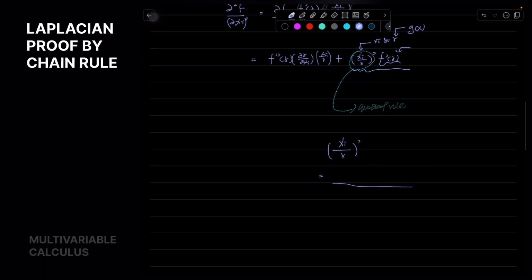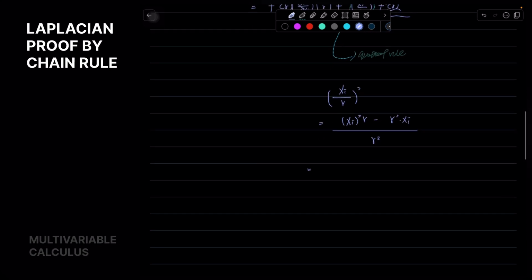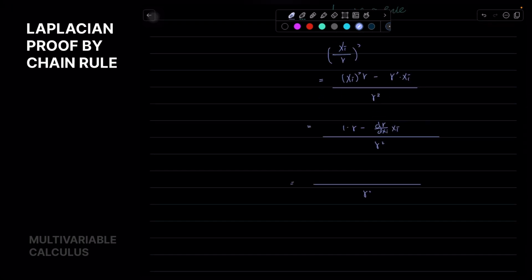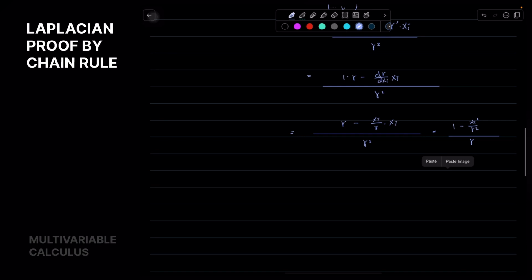We know that by formula, we have, because I divided the upper and the lower together by r.